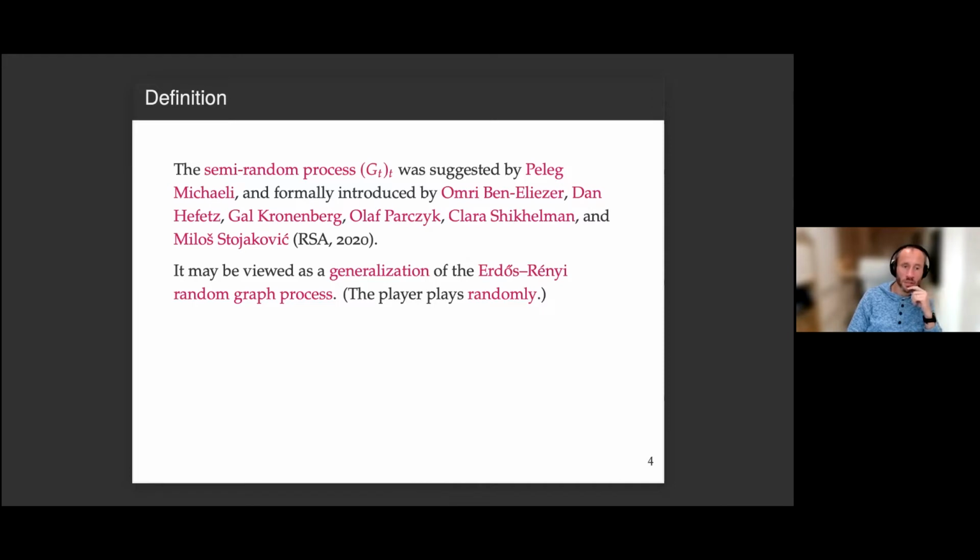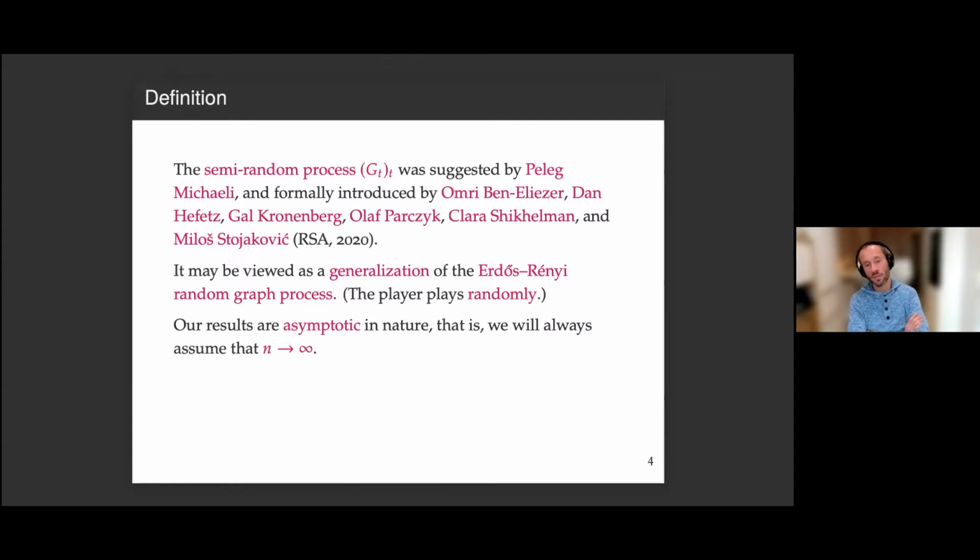I already mentioned that in some sense it's a strengthening of the classical random graph process, because if the player plays randomly, then almost equivalently we can think about it as a process in which edges appear randomly, and I can definitely mimic the random graph process if I want to, right?